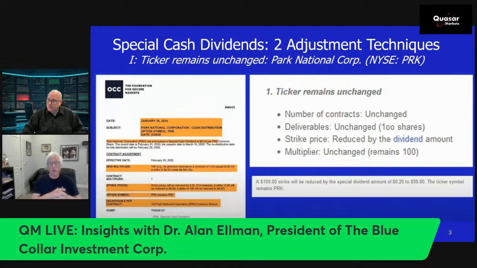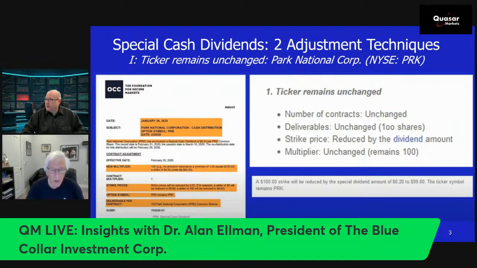And your viewers, if they suspect a corporate event causing a change in contract, can go to theOCC.com and do a search that way. And this is exactly what they'll see. Well, in this particular case, it was a special one-time cash dividend of 20 cents per share. Now, the next one I'm going to show you is a lot more significant, but this shows you how the OCC handled this one.